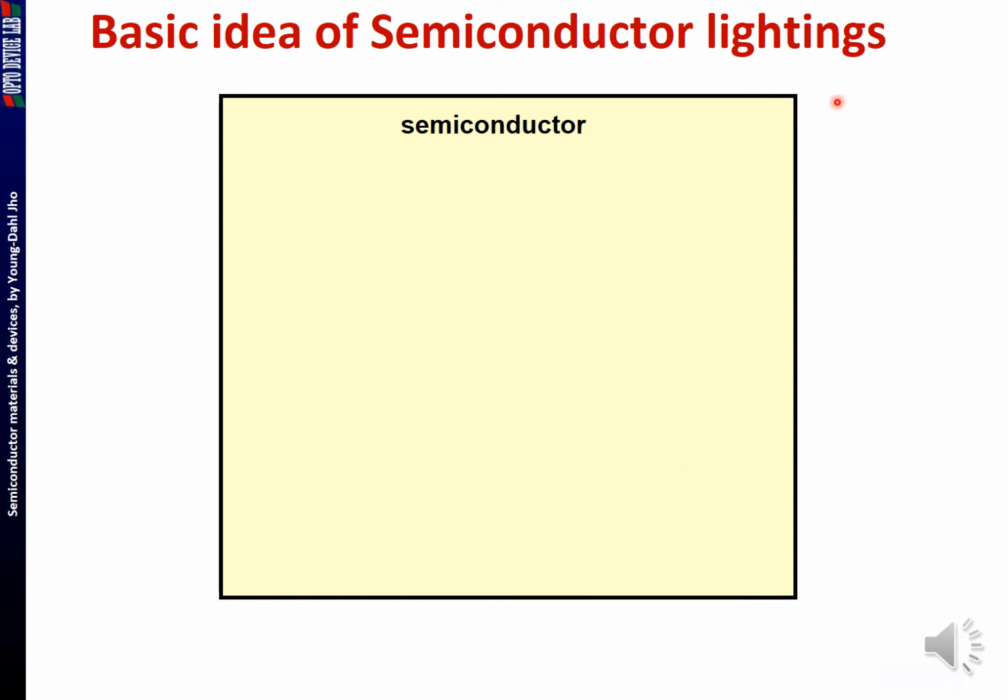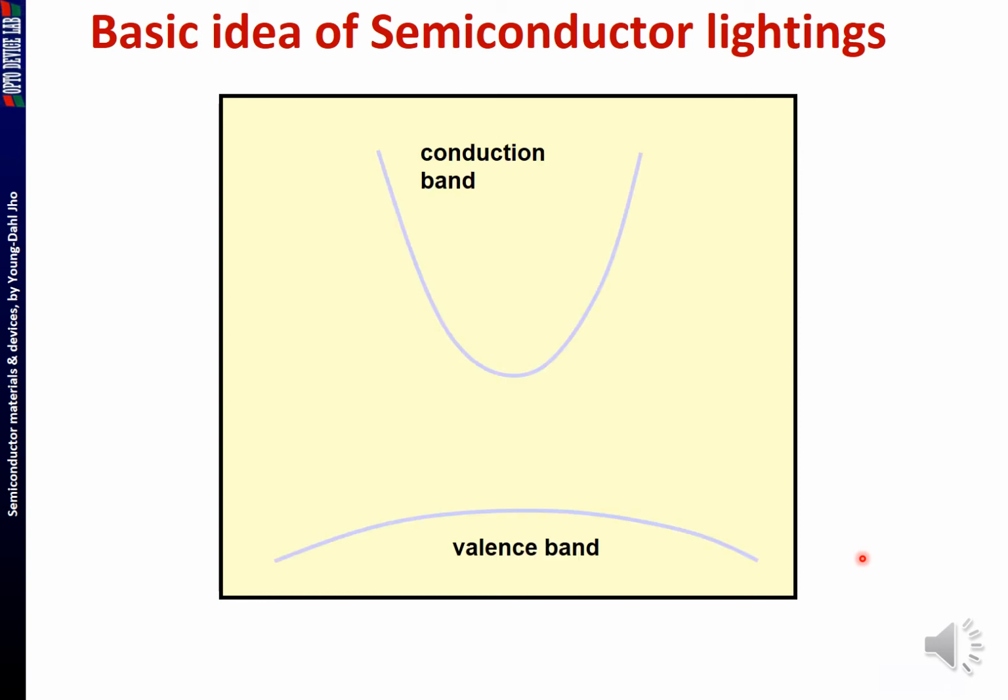Also, you can consider semiconductor lighting, the opposite concept. There's a conduction band and valence band, electrons are here, holes are here, and electrons go down to the lower energy band. The energy separation between the conduction band and valence band, in other words the band gap, that energy is replaced by photon energy.